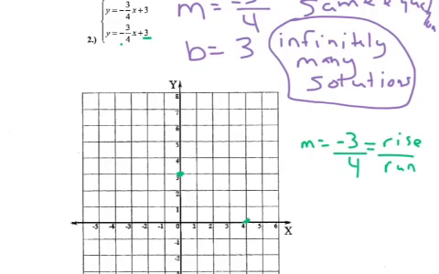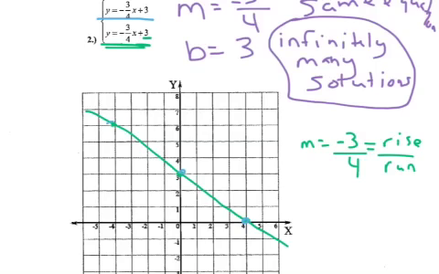The opposite of going down 3, right 4 would be going up 3, left 4, and plot my point. And here's my beautiful line. So I just graphed this one, but as you can see, the one above it has the exact same slope and y-intercept.